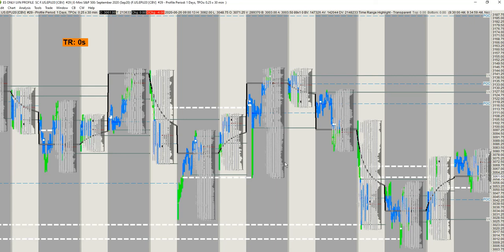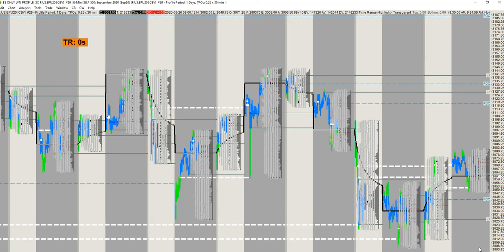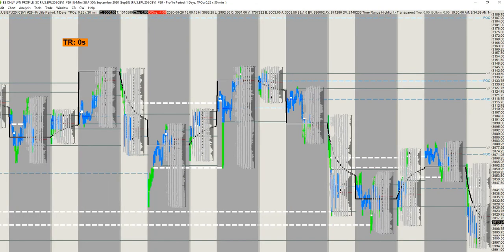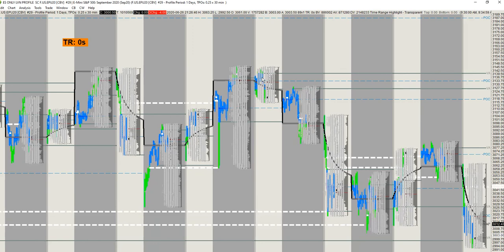If we look at ES, the way I look at the market here is we had this move down, right? So if we do it that way, this move down started here. It started on this day, which is June 23rd, where we had value here. The first day where we had value lower was this day, okay?